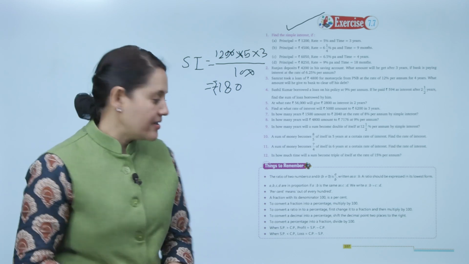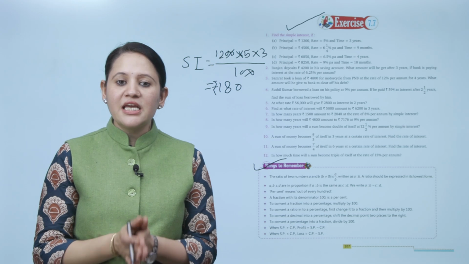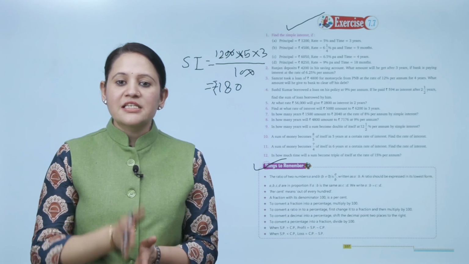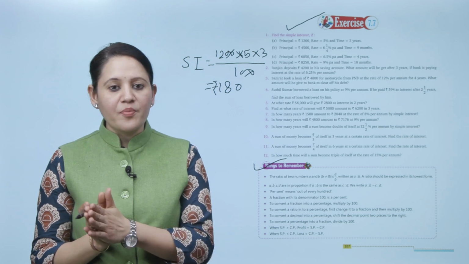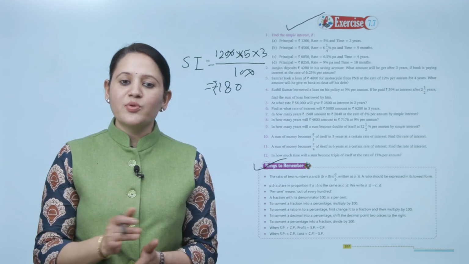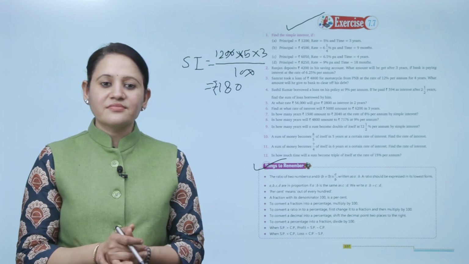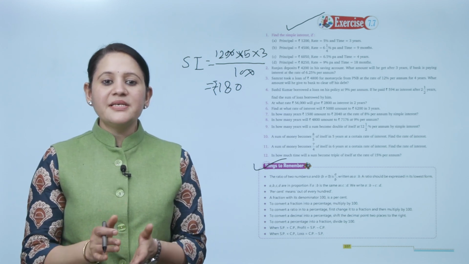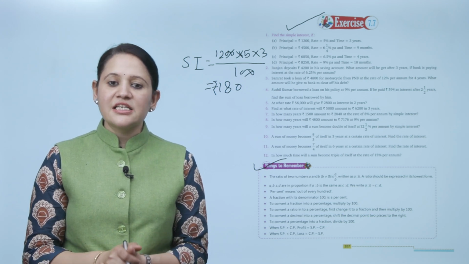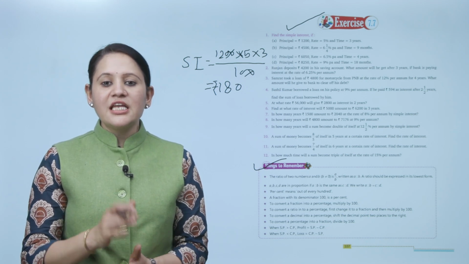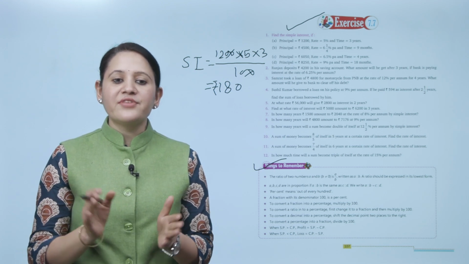Next is things to remember. The ratio of two number A and B written as A ratio B, a ratio should be expressed in its lowest form. A, B, C, D are in proportion if A ratio B is same as C ratio D. We write it as A ratio B equals to C ratio D. Percentage means out of every 100.